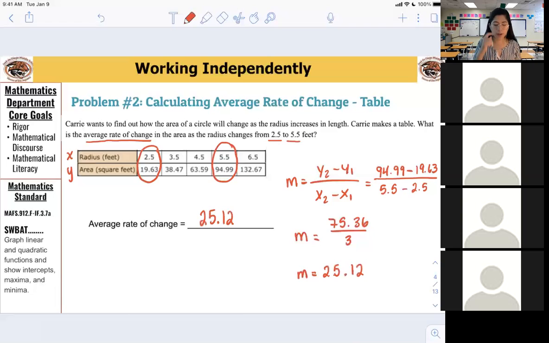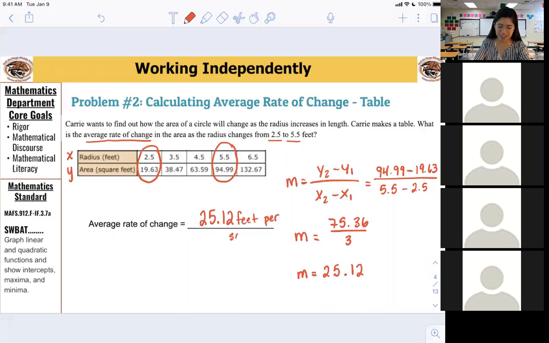This is kind of a weird unit, but can anyone tell me what the units are? Radius, point square feet. Kind of. So the units are the ones that are in parentheses usually. So in this case, it would be feet per square feet.